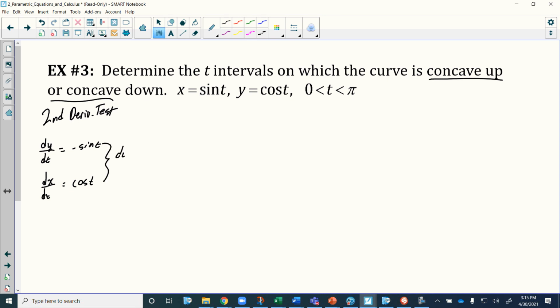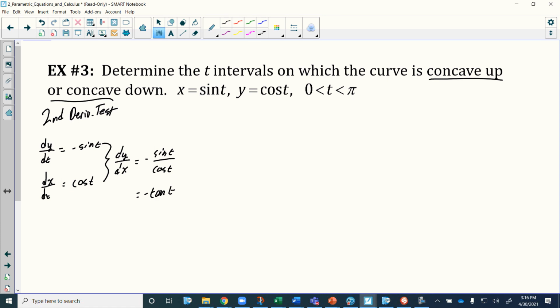So dy/dx will give me negative sine of t over cosine of t, which we could just say is negative tangent of t. So we have our first derivative.